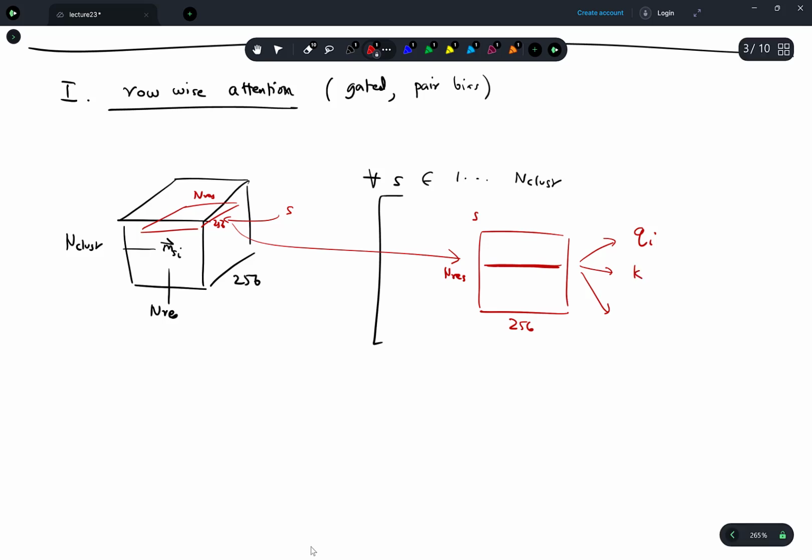So this row, what shall we call it? Technically it is m_s. If I say for all i, that's what this is.